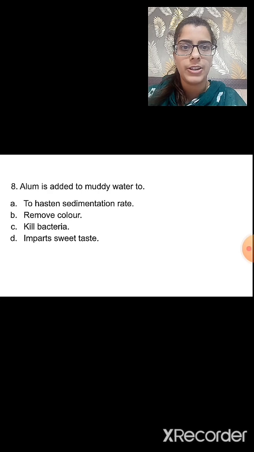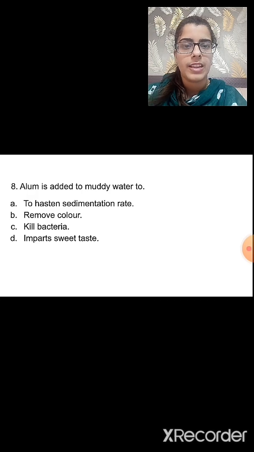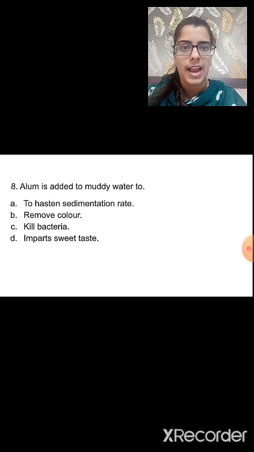It is option A, to hasten the sedimentation rate. This is also known as loading. As the mud will become heavier and settle down faster at the bottom of the beaker, therefore alum is added.